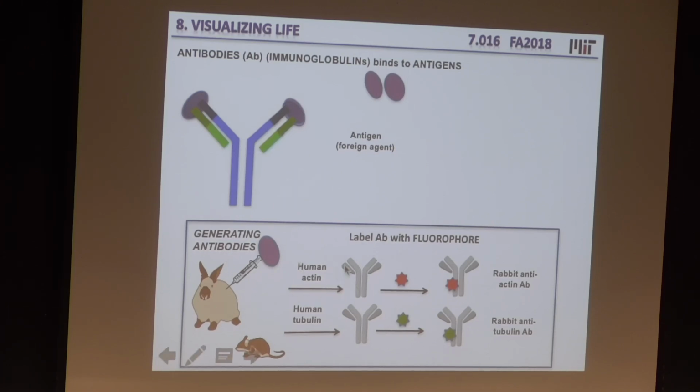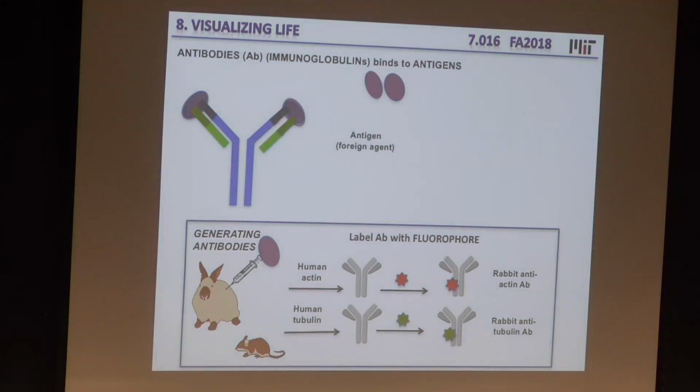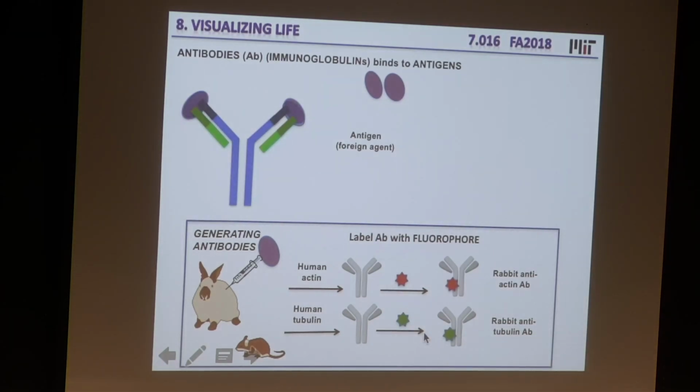generate antibodies with a specificity for actin, and then you would label those antibodies with a fluorescent marker so you could track it or follow it through chemistry. Alternatively, you might want to make a different antibody for tubulin, and then you would differentiate the antibody against tubulin from the antibody against actin by labeling it with a different color fluorophore.